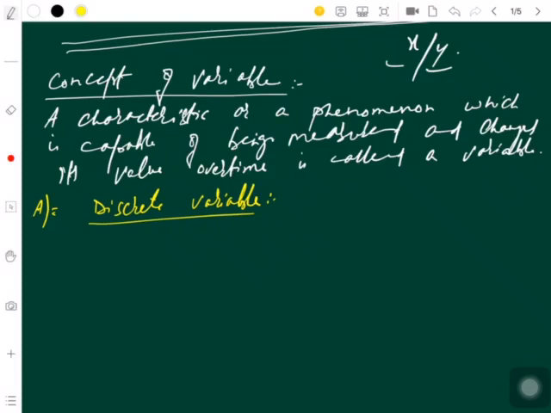Okay, I'll write for you people the definition of discrete variables. I'll give an example for it as well.